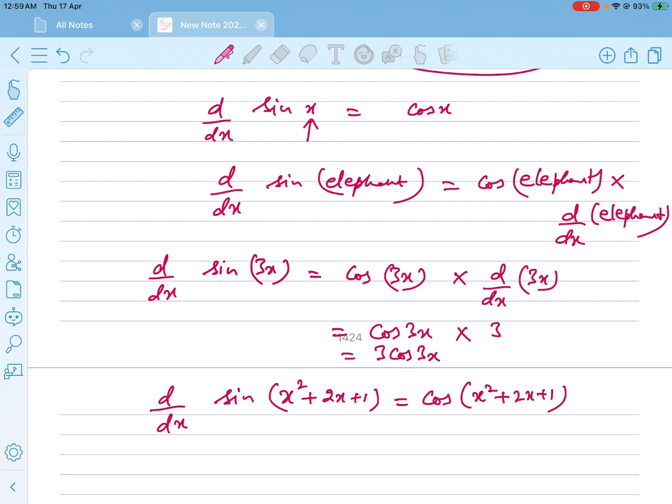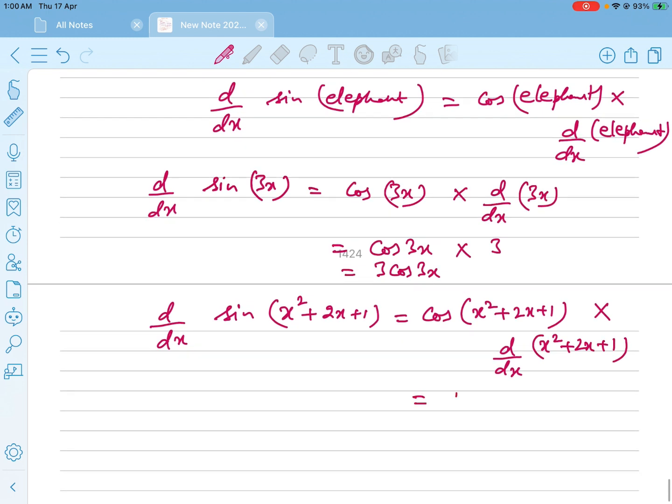But since it's not a simple angle, it's not x, it is x square plus 2x plus 1, we multiply this whole answer with the derivative of the angle. So this is going to give me cos of x square plus 2x plus 1 into derivative of x square plus 2x would be 2x plus 2. So the final answer becomes 2x plus 2 cos x square plus 2x plus 1.